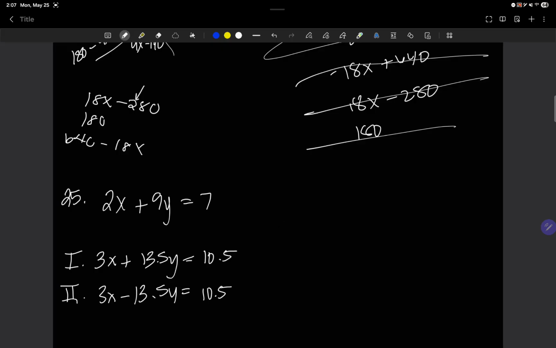So let's see, which do you want to solve for? So 13.5, well, double 13 is 26, so would that be 27 halves? Probably. Okay, 27 halves. Well, that's the same thing as multiplying this one by 3 and then dividing by 2, right?